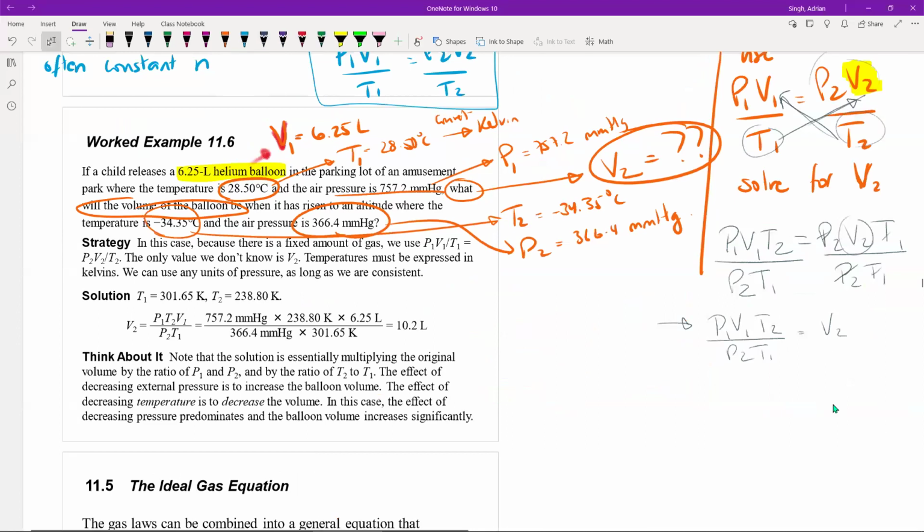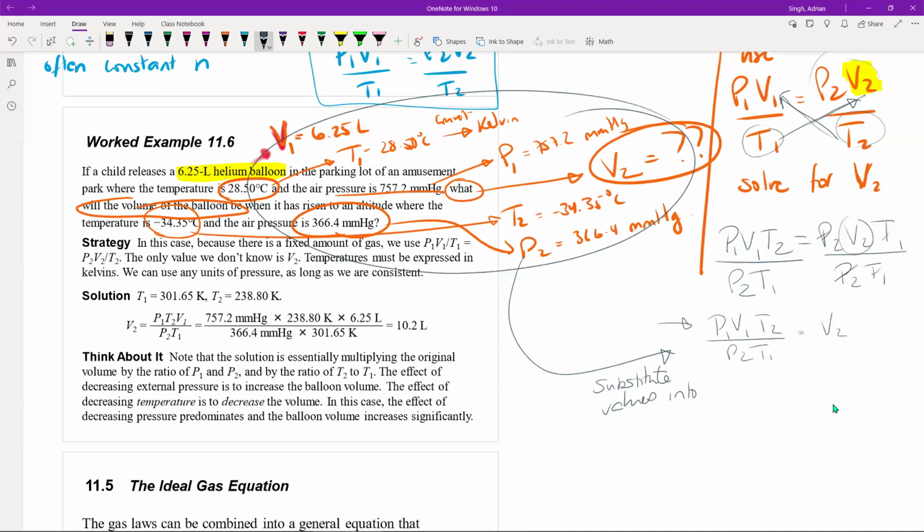I can just substitute all of these values now into this equation and solve for my unknown. Remember, the key thing here is your temperature in Kelvin. You need to convert that to Kelvin before you start plugging your numbers in.